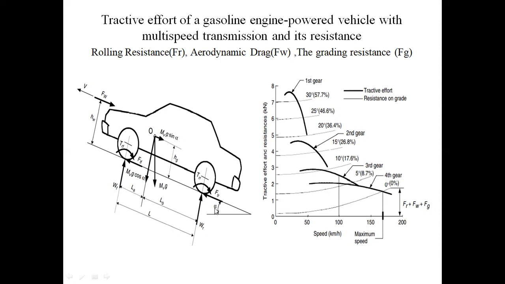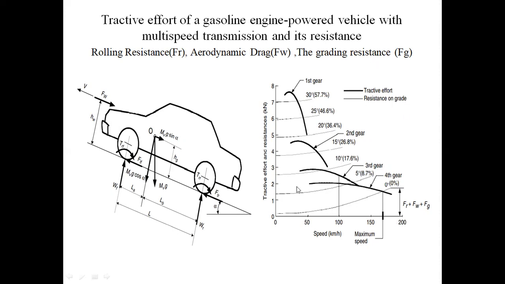Here, when the angle alpha is 0, the resistance percentage is 0. Next, when the angle alpha is 5 degrees, 8.7% additional resistance is added, due to grading resistance.